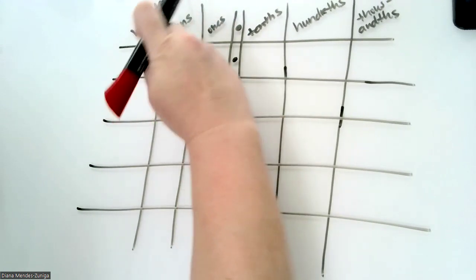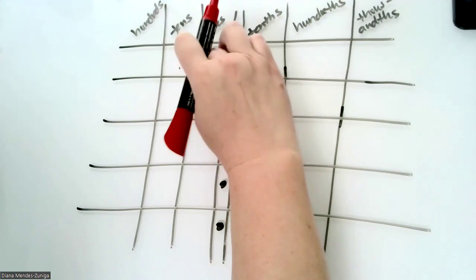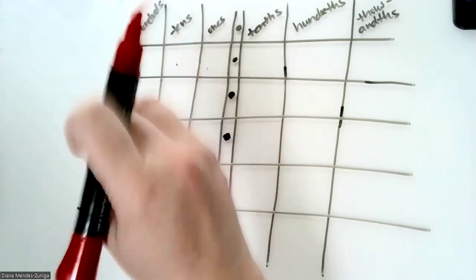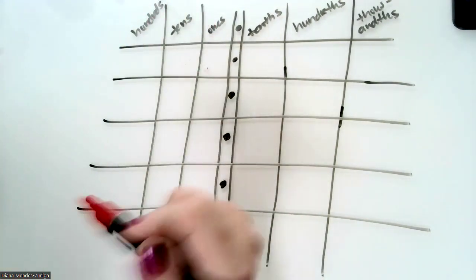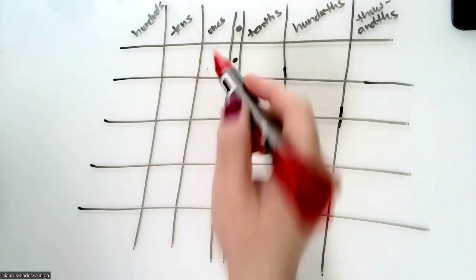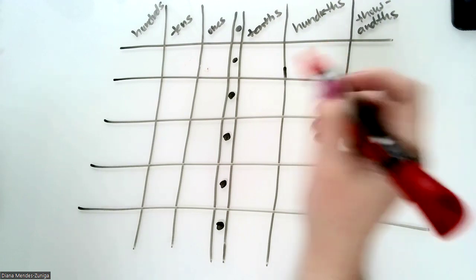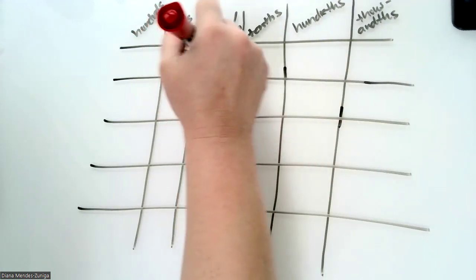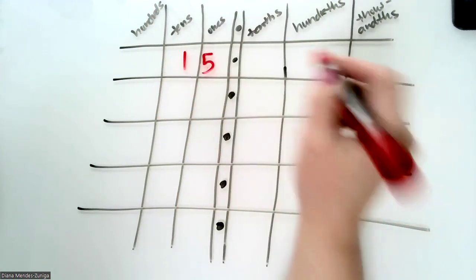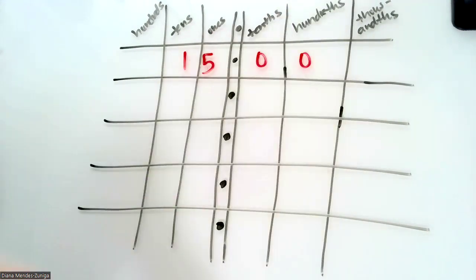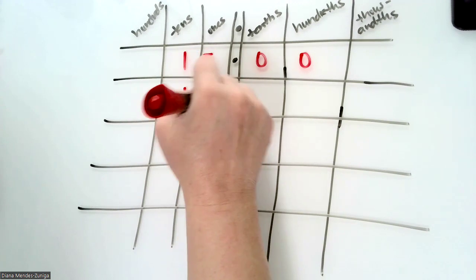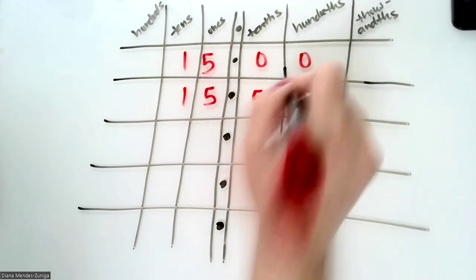You also know that if you add numbers after the decimal, it changes the value. Sorry, I have all these little fuzzies in here from my pen. Okay. So if you have $15 and 0 cents, you have $15. Now let's say you have $15 and 50 cents.